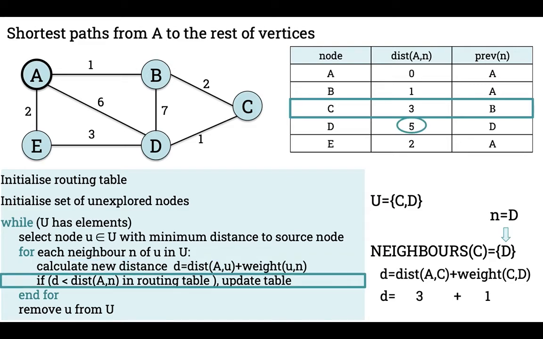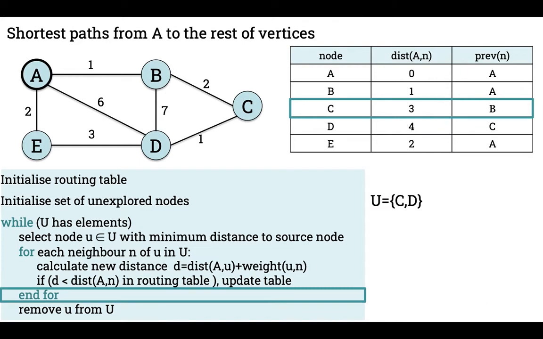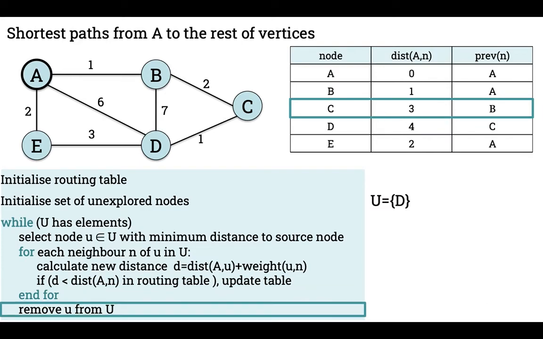And we check whether this distance is shorter than the distance recorded in the table from A to D. Yes, 4 is less than 5, so we update the table with the new distance and the previous node used to get to D using this shorter route. There are no more neighbors of C to process, so we end the for loop and remove node C from the list of unexplored nodes.